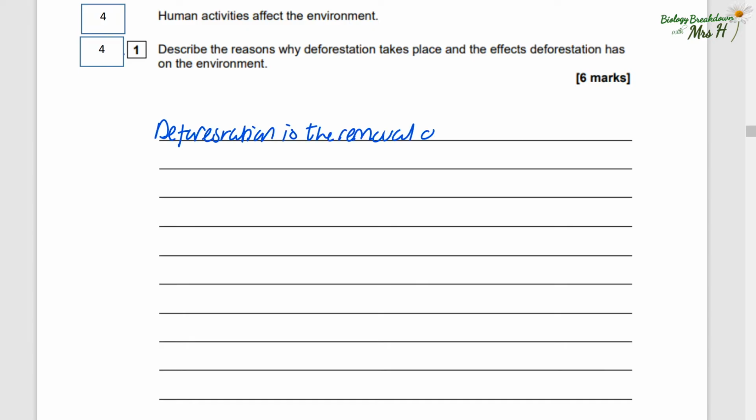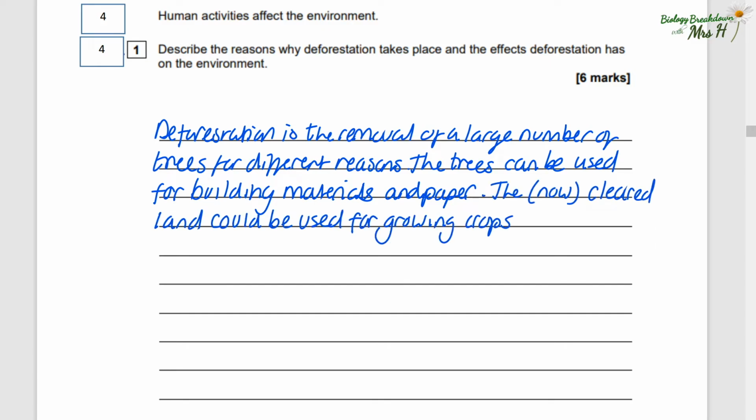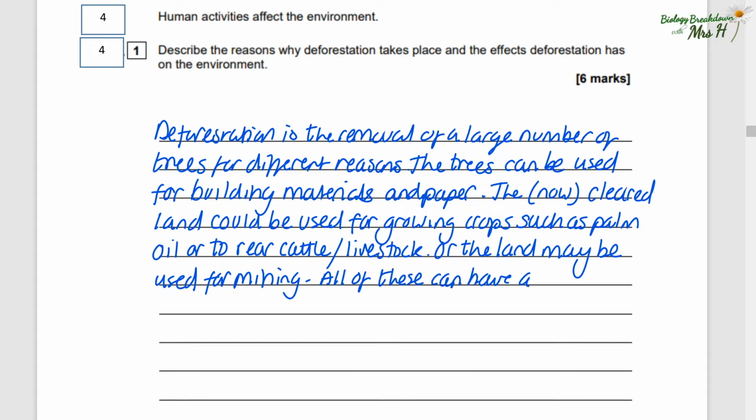Deforestation is the removal of a large number of trees for different reasons. The trees can be used for building materials and paper, and then the cleared land could be used for growing crops such as palm oil, or maybe to rear cattle or livestock, or the land may be used for mining. All of these can have a devastating effect on biodiversity.